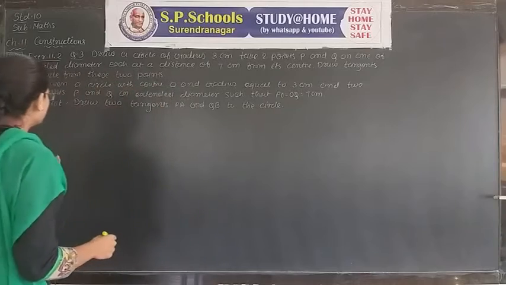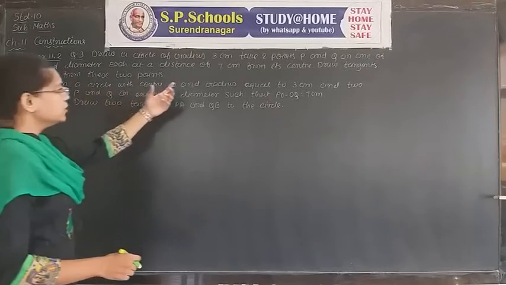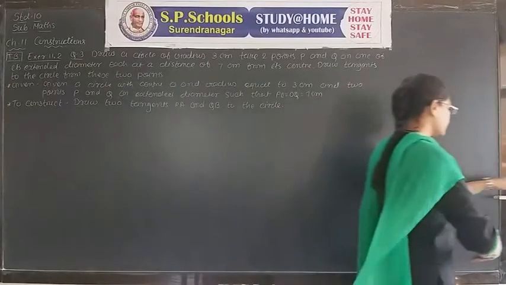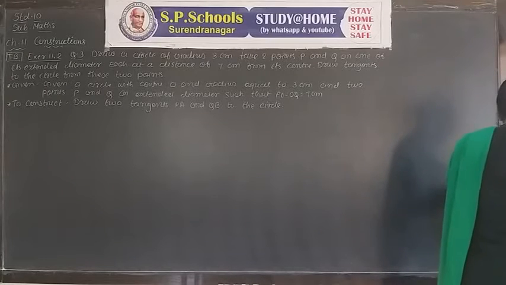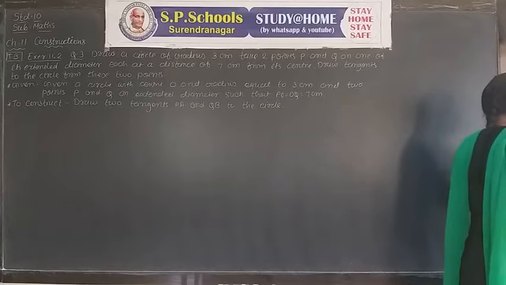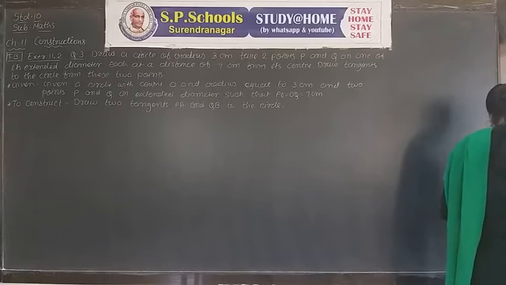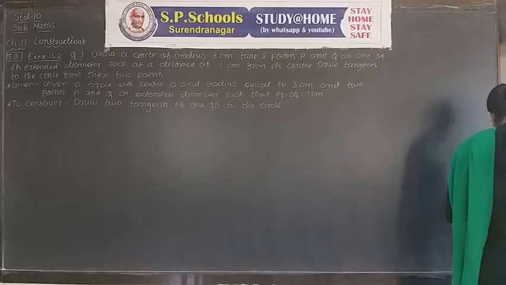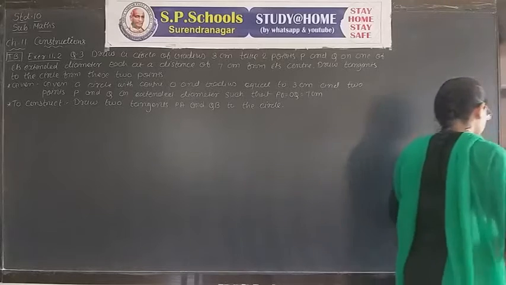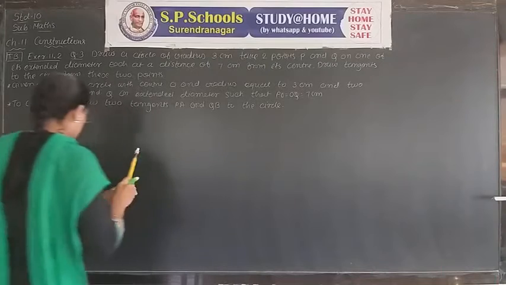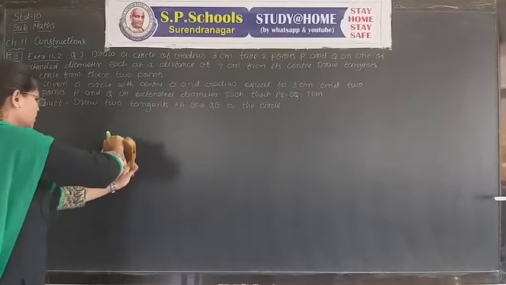First we draw a circle of radius 3 cm. Take a radius of 3 cm and first draw one circle. Use your scale to take the measurement of 3 cm. Draw a circle of radius 3 cm.